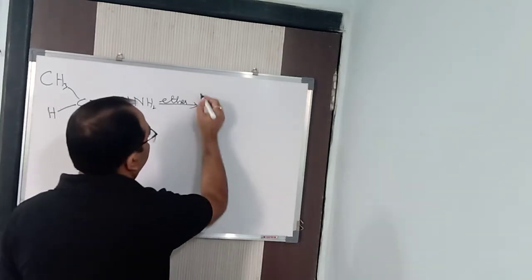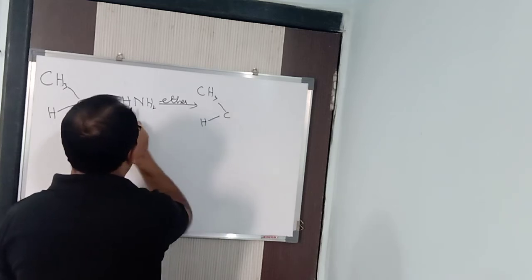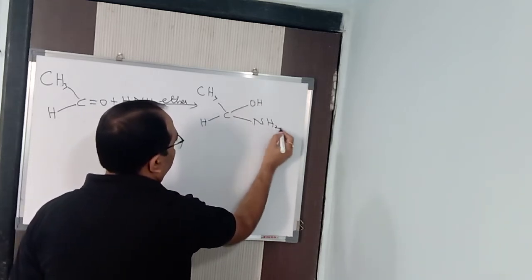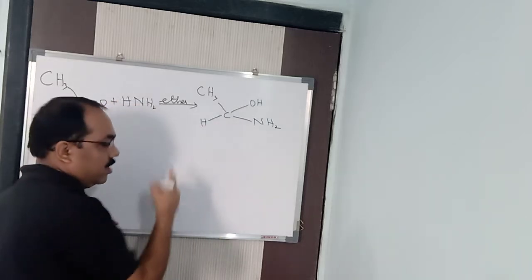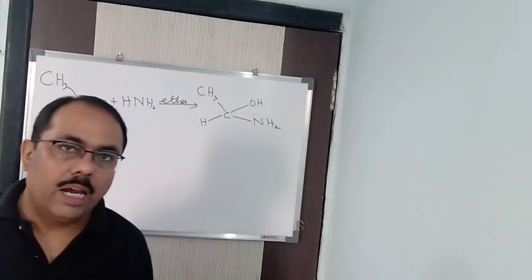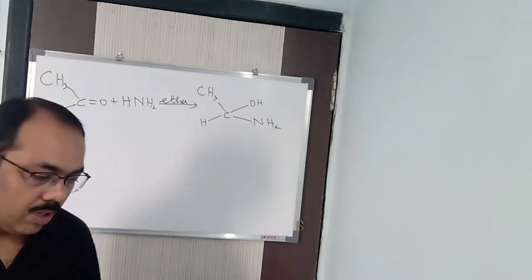As usual, an addition reaction is going to happen. CH3, here CH, now this O will go with hydrogen. We have done these reactions just now. So you got it, that is acetaldehyde ammonia.